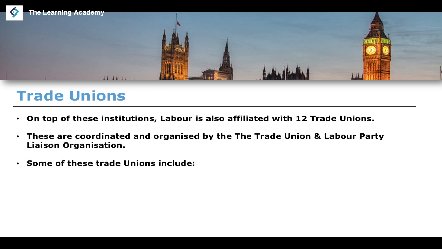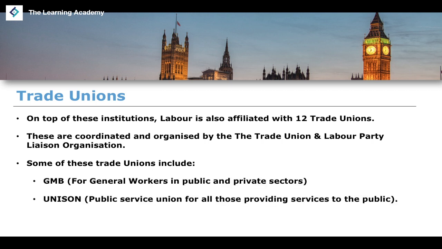Now, you can go onto the Labour Party website and look at the trade unions that are affiliated with the Labour Party. There are two here that we could mention. The GMB, which is the trade union for general workers in public and private sectors. And we also have Unison, which is the public service union for all those providing services to the public, whether that be through public employment, private employment, or volunteership.